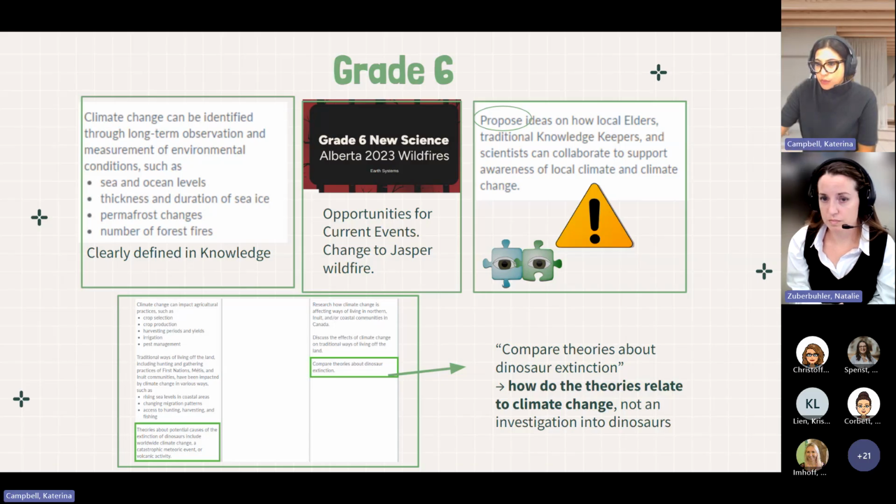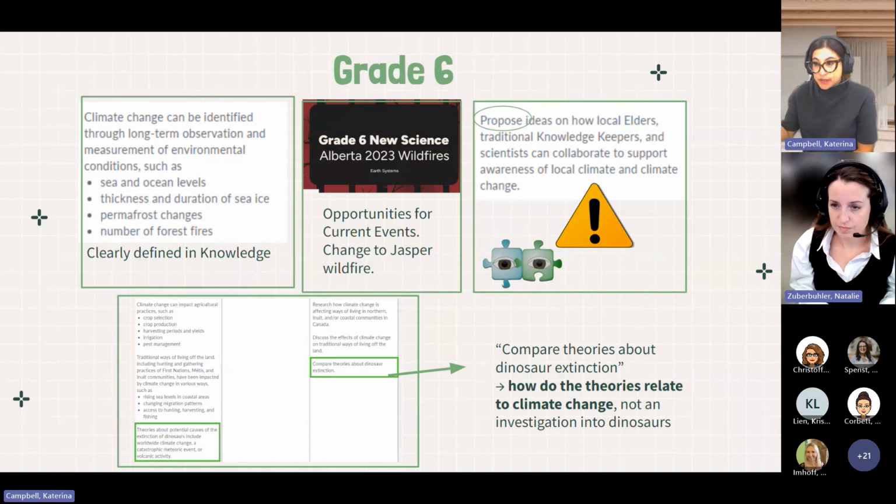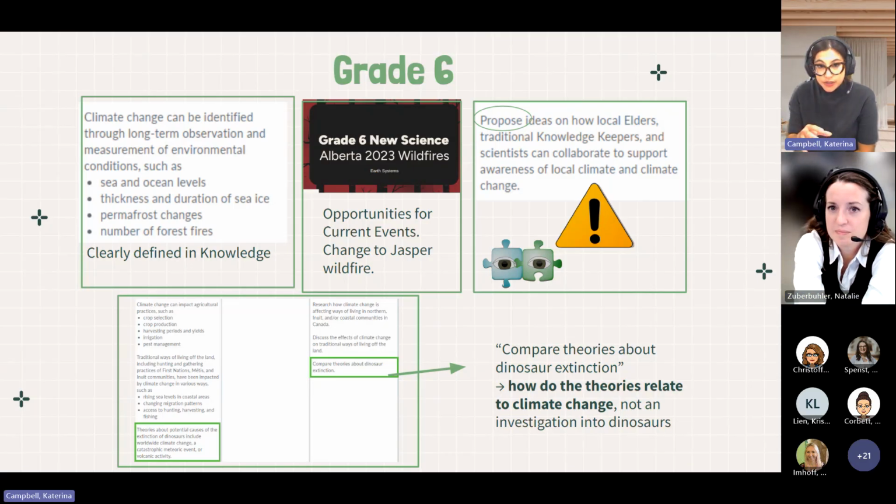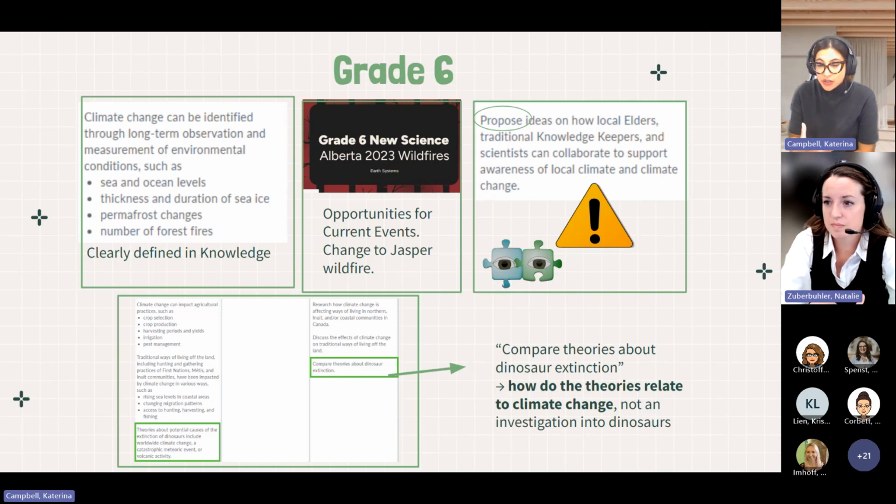I think a great way to tackle this skill and procedure is to look at current events, cases, and articles that showcase how scientists, elders, knowledge keepers, and communities have worked together.